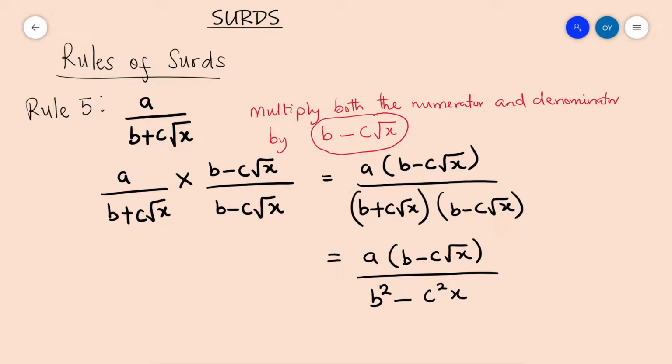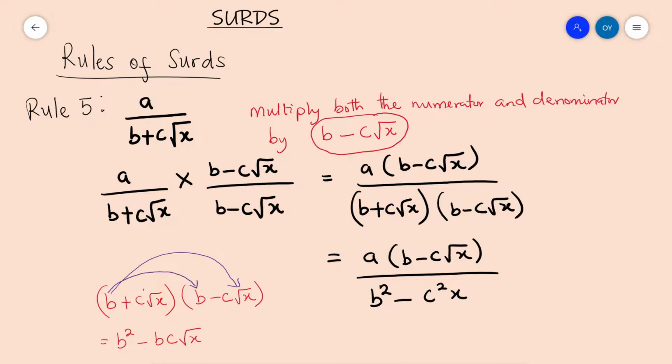I will show you here. b plus c root x multiplied by b minus c root x. So b multiplies b, we have b squared. Also b multiplies negative c root x, we have negative bc root x.